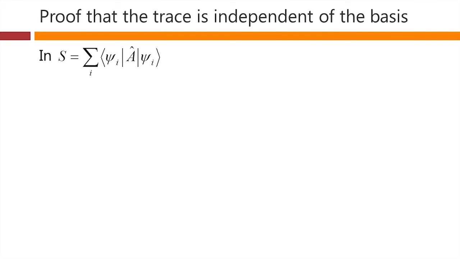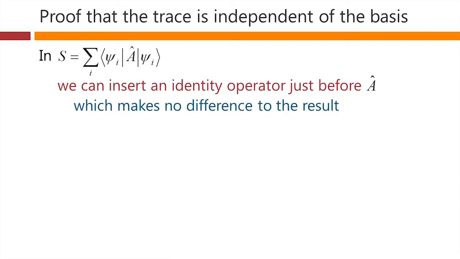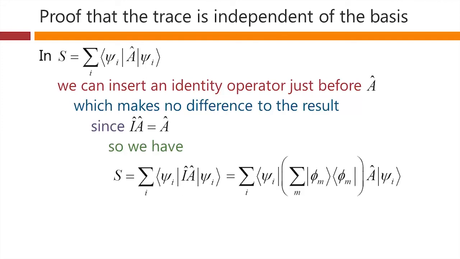So in this summation here, let's just insert an identity operator just before A. That makes no difference to the result, since the identity operator operating on A is simply the same as A. It makes no difference to anything. So we have, with this identity operator inserted in here, and using this particular version of the identity operator on the second basis, we can make this substitution.